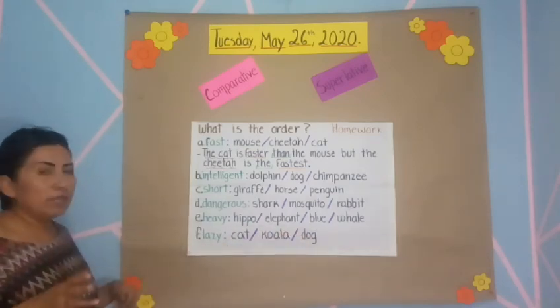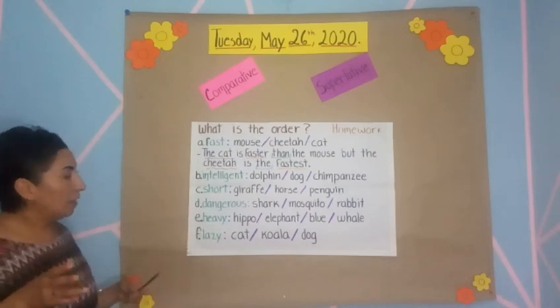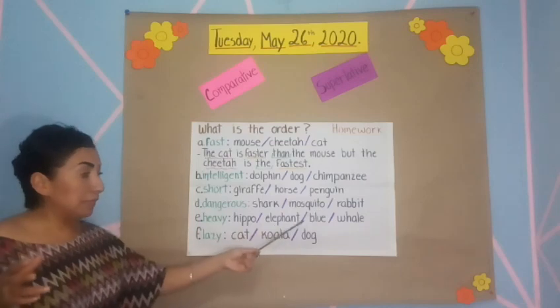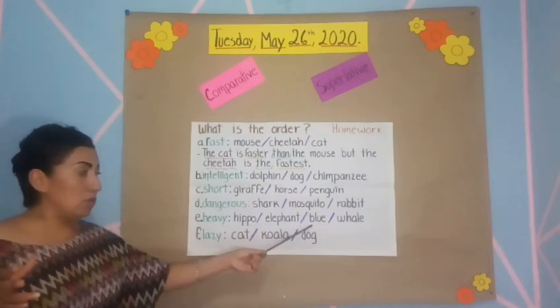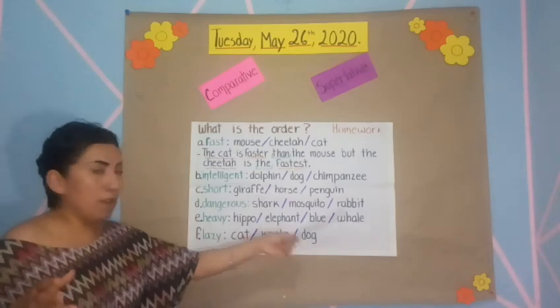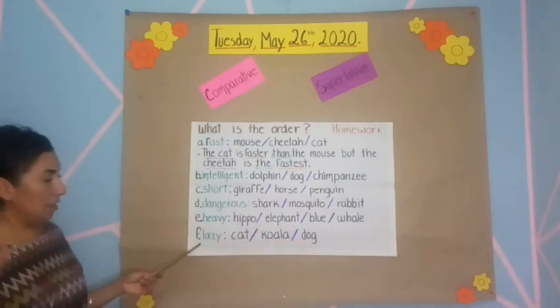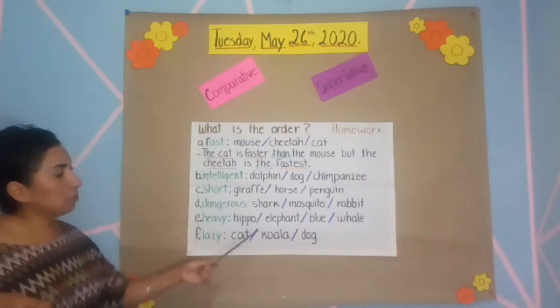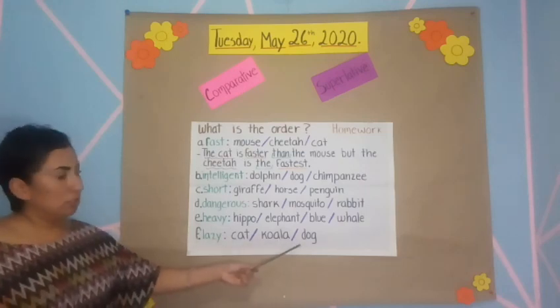Letter E. We have the adjective heavy, and we have the nouns hippo, elephant, and we have an adjective because all the colors are adjectives too. Now we have wild. Letter F. Lazy, and we have the nouns cat, koala, and dog.